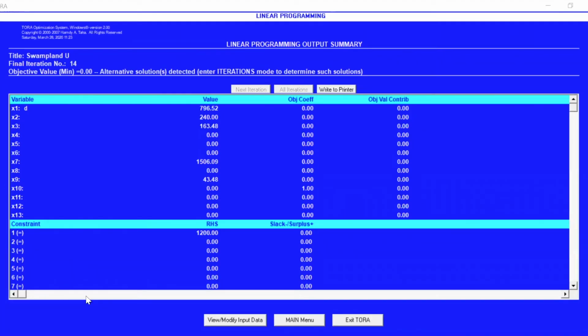So the results changed again, and now we have 796.52 in-state, 240 out-of-state, and 163.48 international students. And we also have 2 other deviations, which I'm gonna summarize at the end.